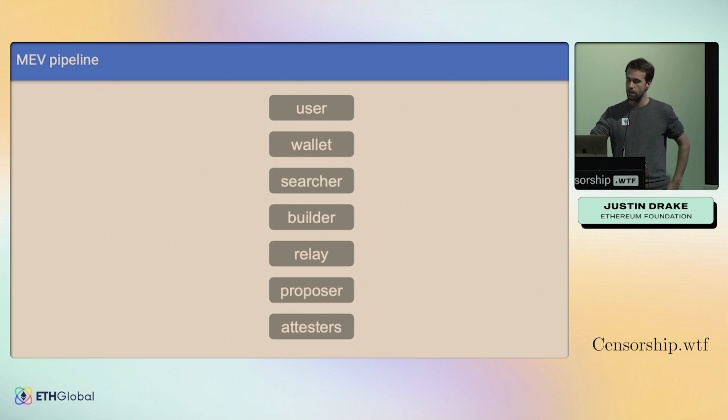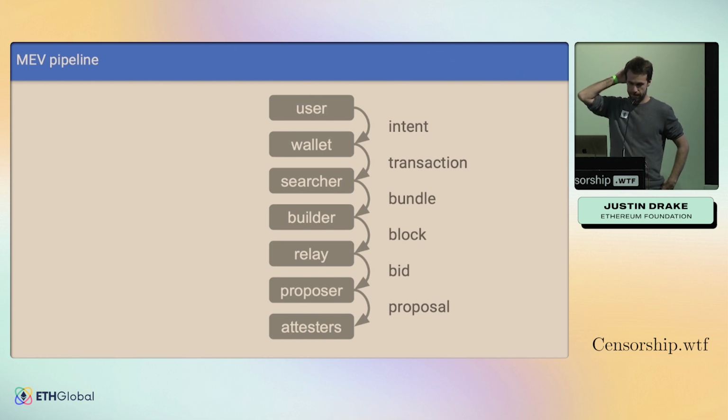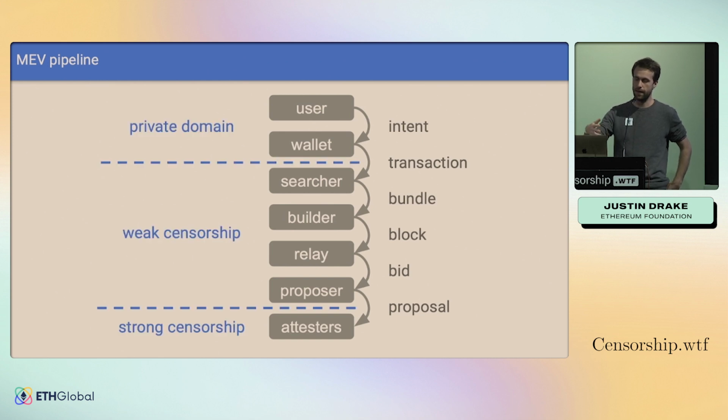So yeah, we're all familiar with the MEV pipeline, which starts with the user and ends with the attester. And there's kind of this travel, right, from intent to proposal. And the reason why I show here the MEV pipeline is to try and tell you where weak censorship lives, where it comes from. So at the very top here, we have, I guess, what I label the private domain, right?